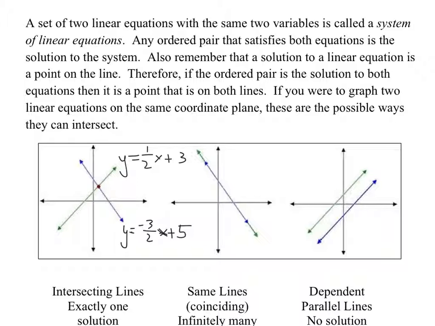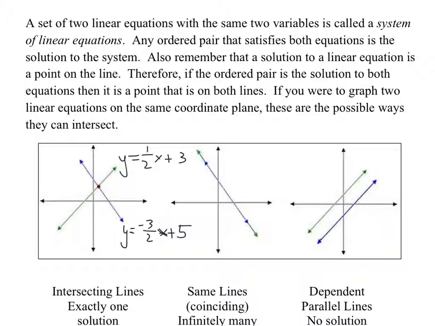Now, the intersection is the solution to both equations. Remember how in the quiz that you just got back, you gave several solutions to that equation? You could find an infinite amount of solutions for a given single equation. But when there are two lines intersecting, there's only one solution that satisfies both equations. That's the intersection itself.